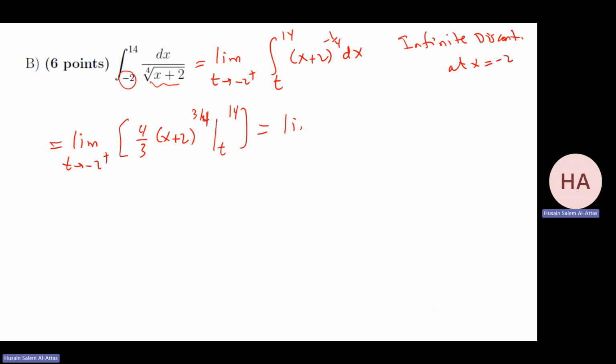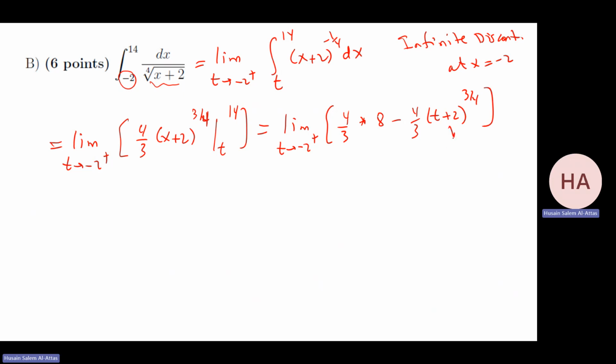That will be limit t goes to minus 2 from right of what? 4/3. Yeah, 14 plus 2, this is 16. 16 is 2 to the power 4. So the fourth root, that will be 2. 2 to the power 3, that will be 8. Minus 4/3 t plus 2 to the power 3/4.